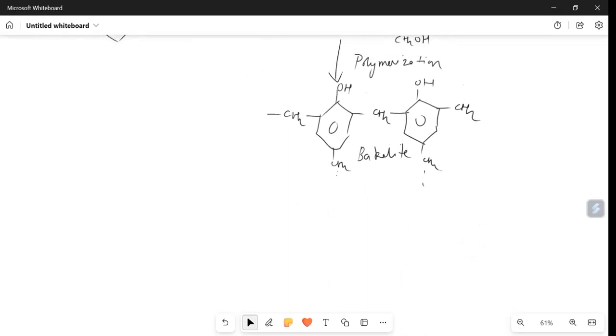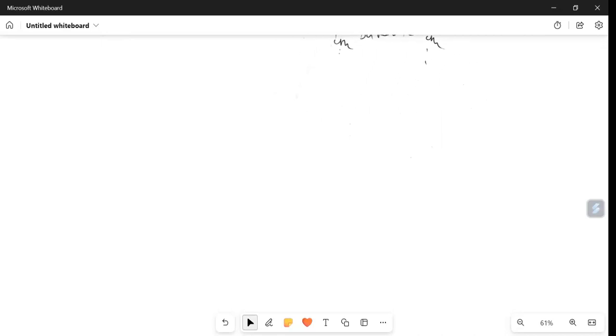You must have heard about phenolphthalein, which can also be prepared by this condensation method. For example, you have phthalic anhydride.